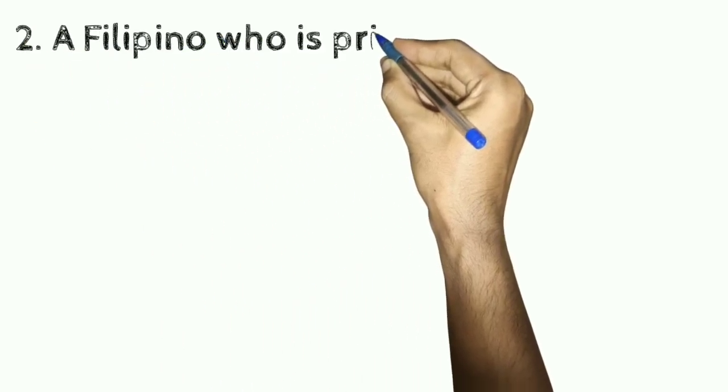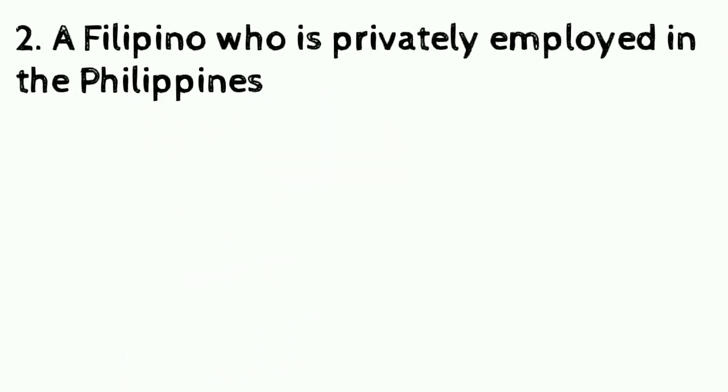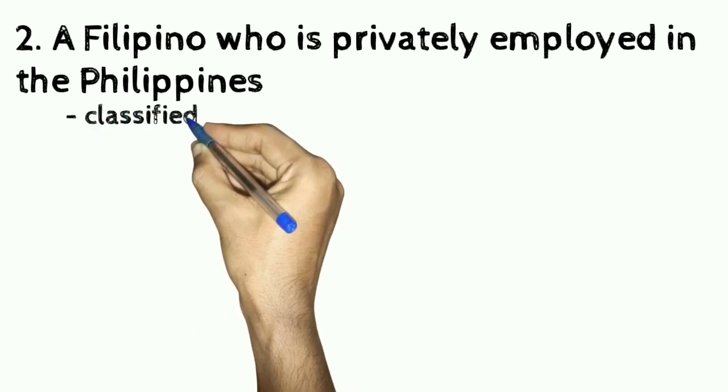The next example is a Filipino who is privately employed in the Philippines. The difference between the first example and the second example is that the second example is privately employed. Pero take note that he is still a Filipino and he is still residing in the Philippines.